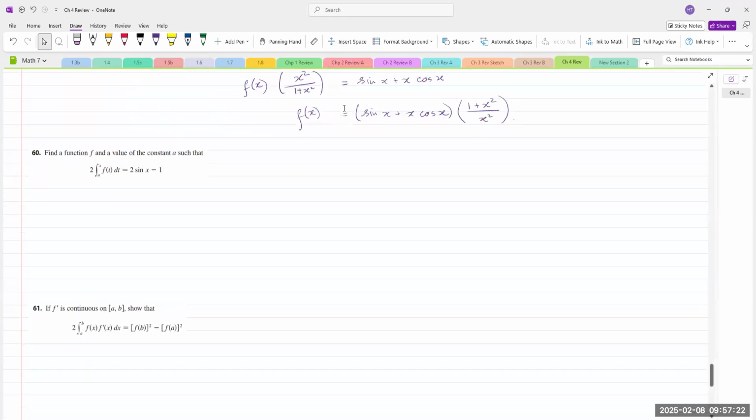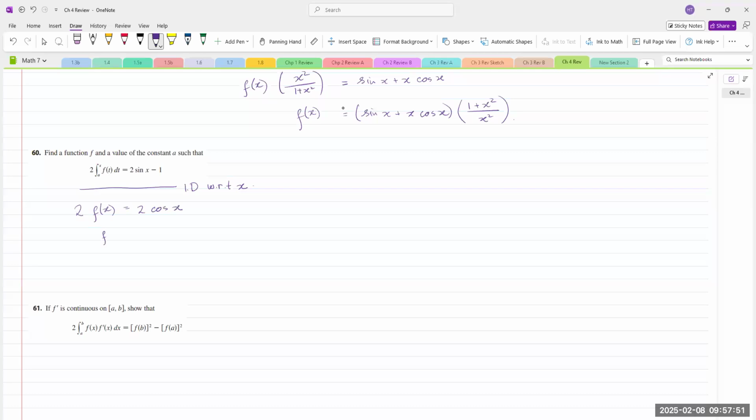Find a function f and a value of constant a such that we have this guy here. Oh, implicit differentiation again, with respect to x. So when I do the derivative here, that will be 2 times f(x) equals 2 times cosine x.